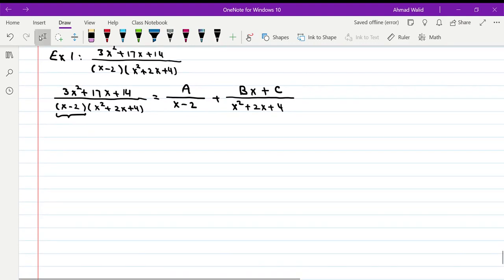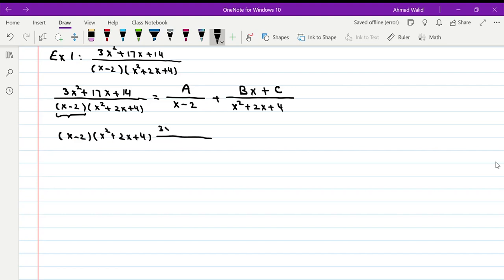Now, multiplying both sides of resulting equation with your LCM or LCD, x minus 2 times x squared plus 2x plus 4, times 3x squared plus 17x plus 14 all over x minus 2 times x squared plus 2x plus 4.